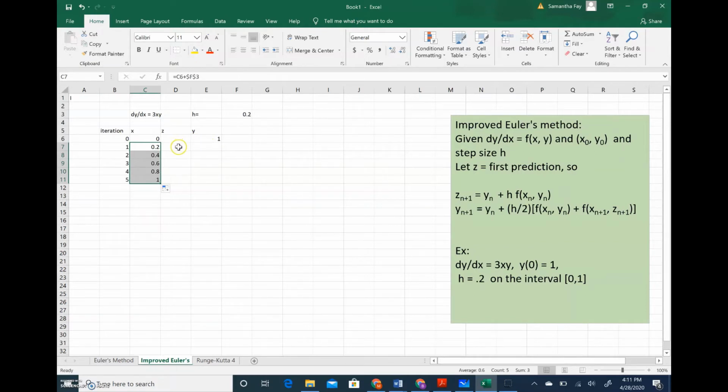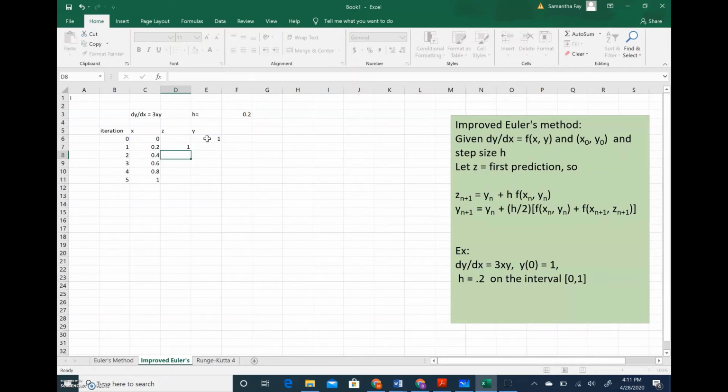Now for my z, start with an equal sign: my previous y value plus my step that I don't want to change, F4, times my derivative right here. My derivative is 3 times my previous x times my previous y.